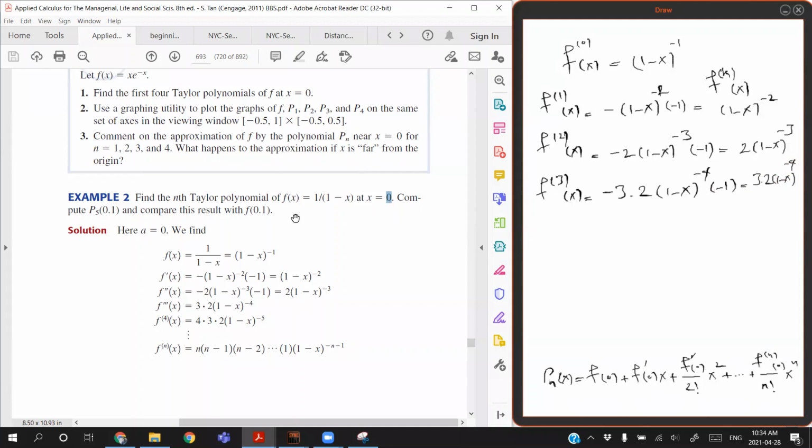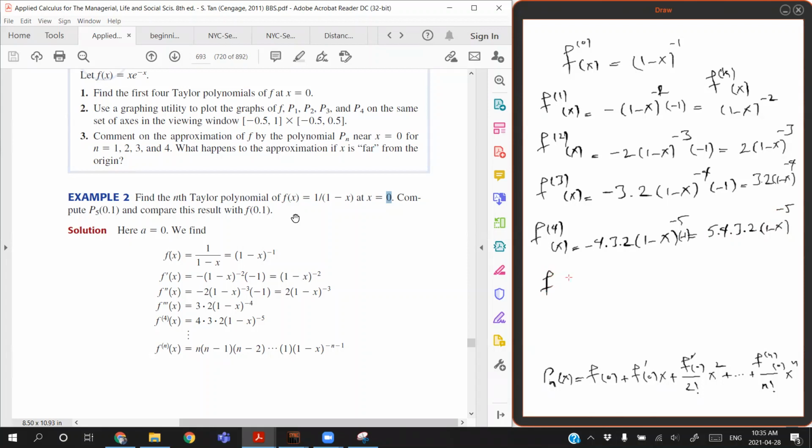So I hope you can see the pattern here, but I'm going to do one more so it becomes more clear. You're going to get minus, take the derivative of this, minus 4 times 3 times 2 times 1 minus x to the power of minus 5, which will become times minus 1, which will become again positive. 5 times 4 times 3 times 2 times 1 minus x to the power of minus 5.